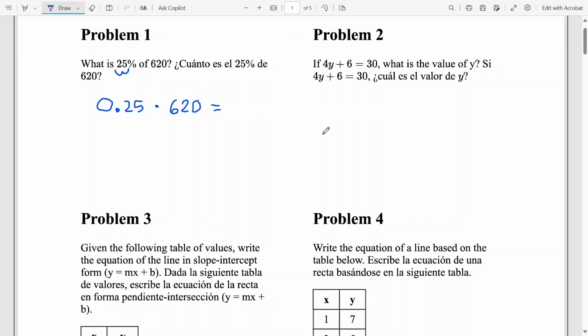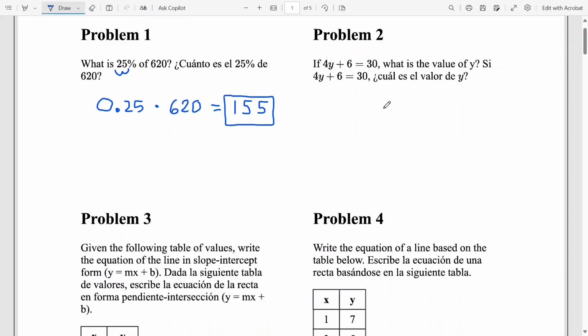And if I put that into my calculator, so I do 0.25 times 620, that's going to give me 155. And that's it. That's my answer to the first one.